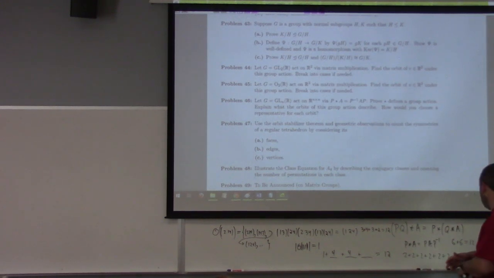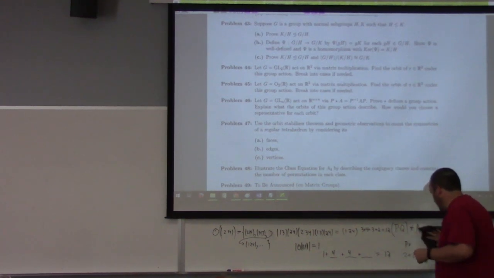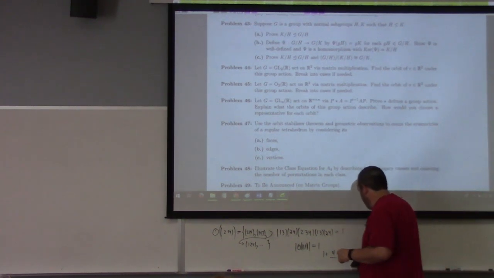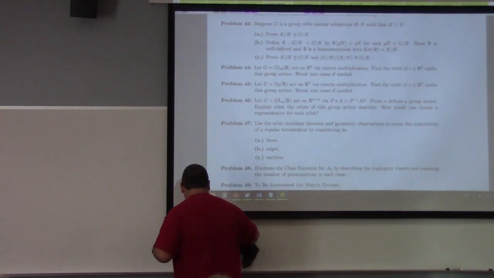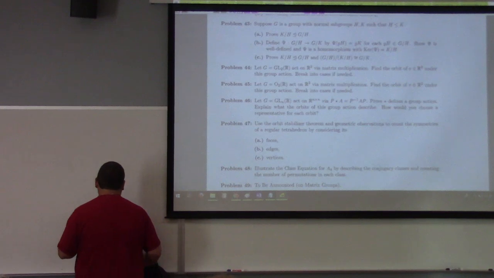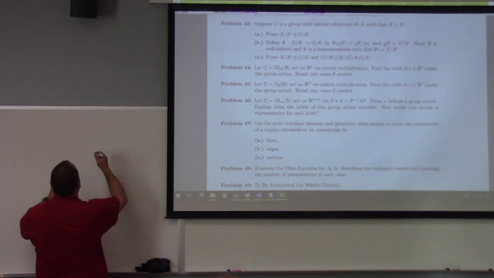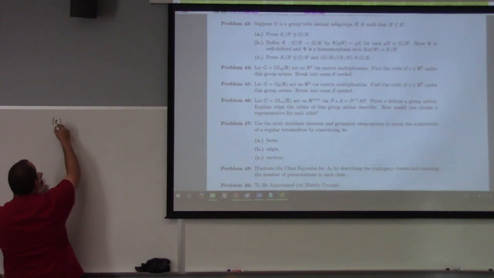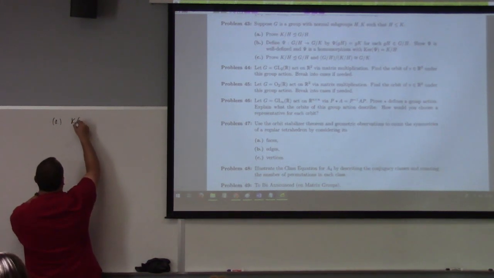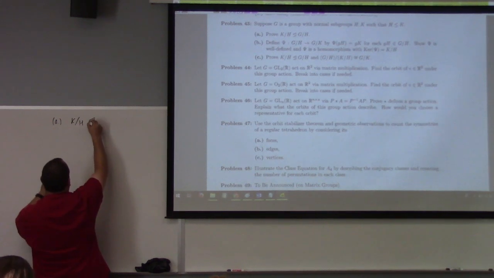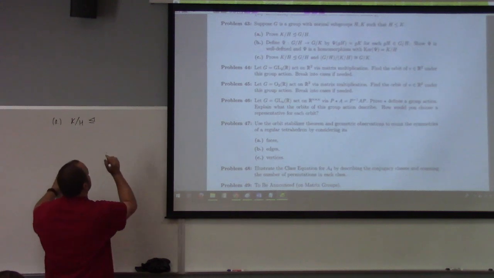Fair question, I guess. So let's just, first order of business, talk about A. What do we have to show there? We're supposedly going to show that K mod H is a normal subgroup of G mod H.